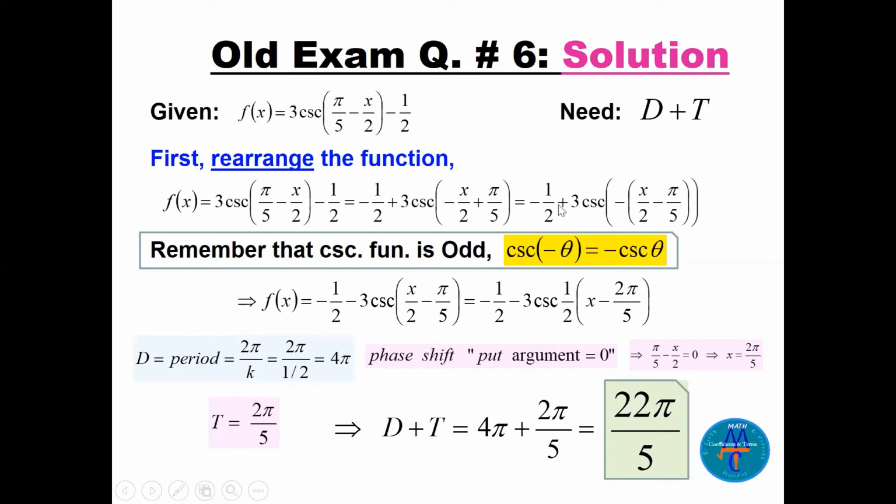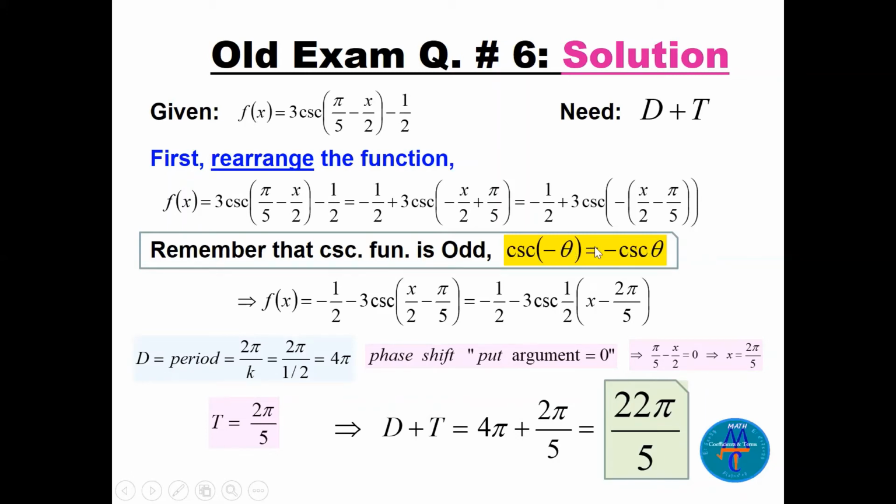Now, so minus half is there, plus 3 cosecant. I take a minus out as a common factor inside the bracket: minus x over 2 minus pi over 5. I know the cosecant function is odd. So cosecant of minus theta is minus cosecant of theta. Remember that.